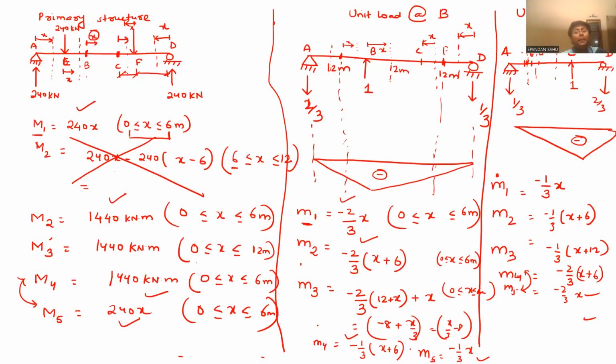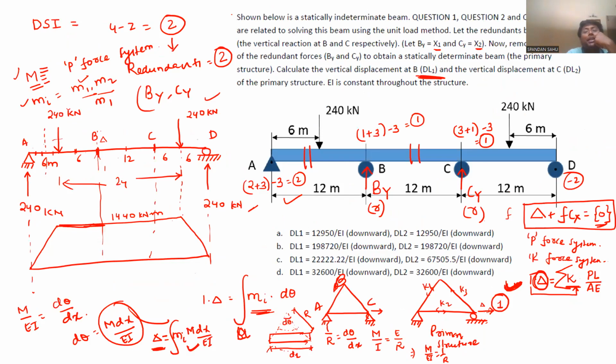One thing you tell me, the structure is symmetric. So delta B will be equal to delta C. DL1 will be equal to what?